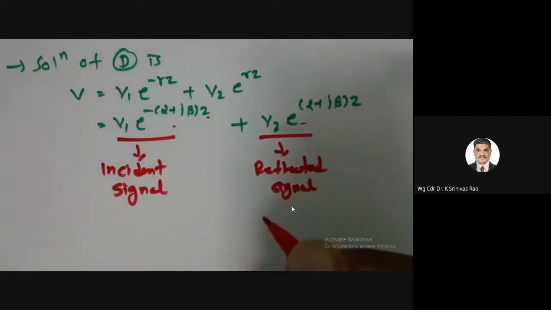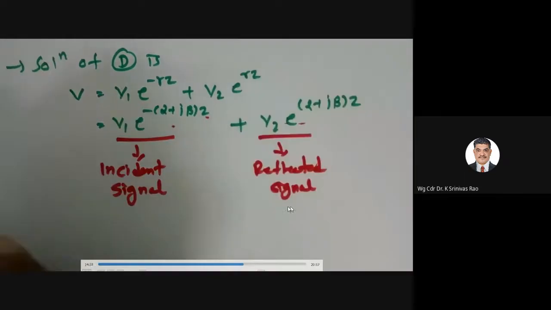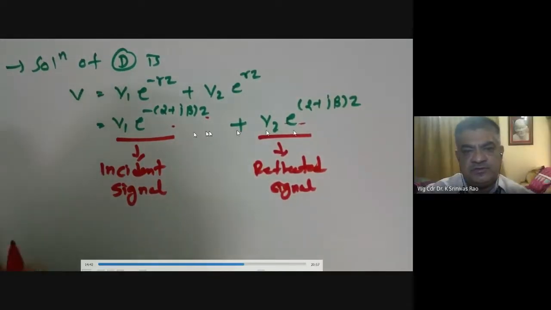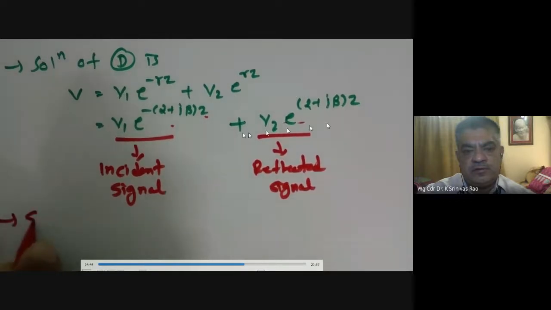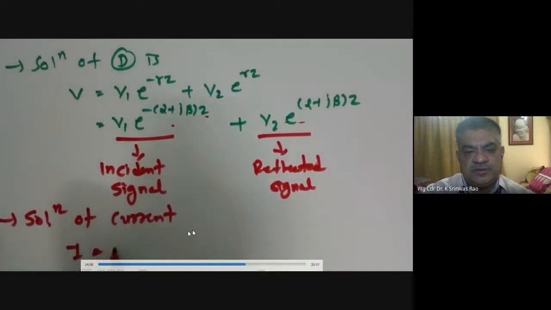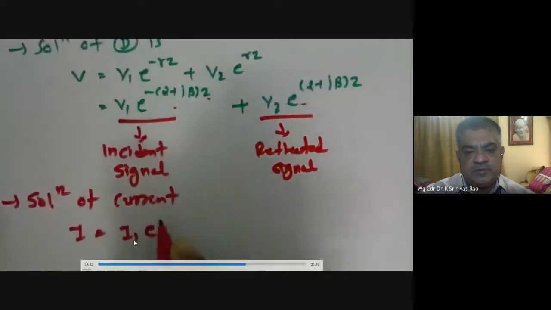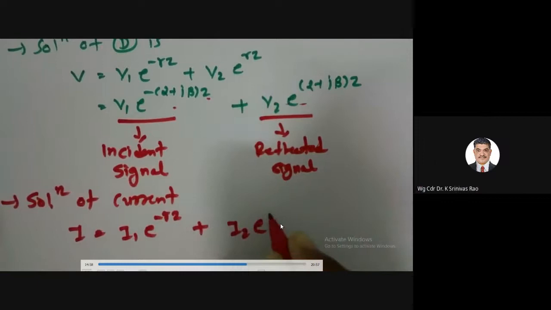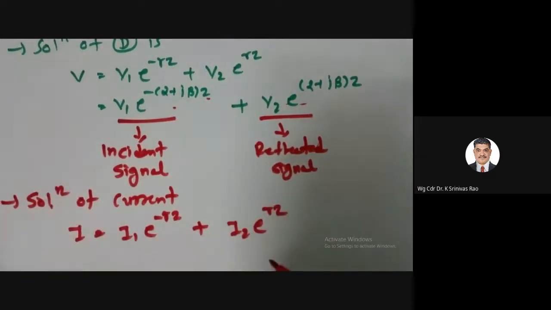Now similarly we can have a solution for the current equation. This was for the voltage equation, so similarly we can have a solution for the current equation. We know the current equation is represented by I is equal to I1 e to the power of minus gamma z plus I2 into e to the power of gamma z.